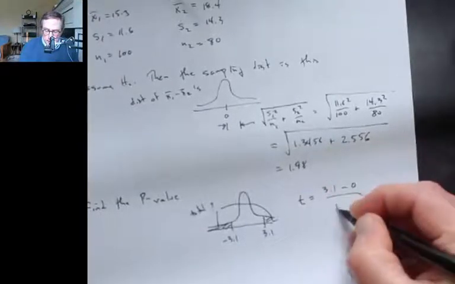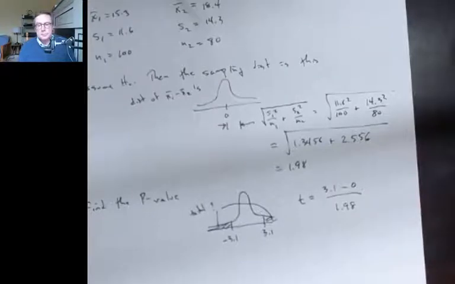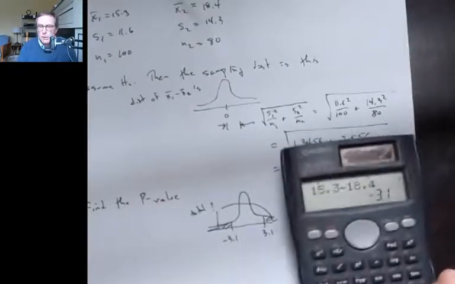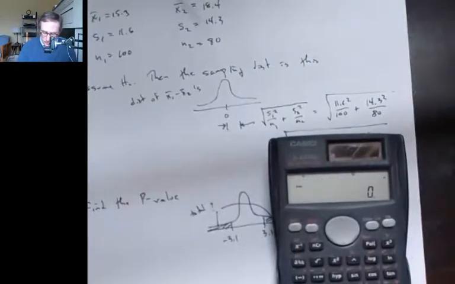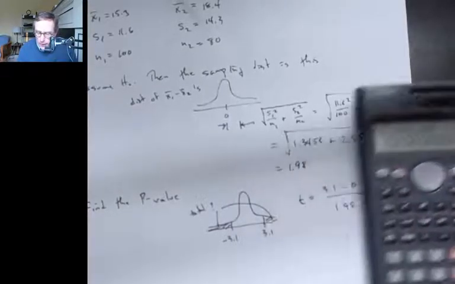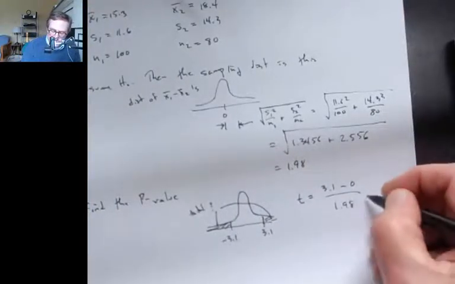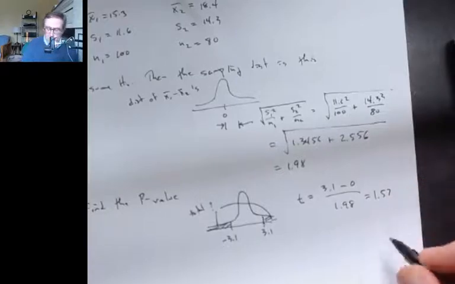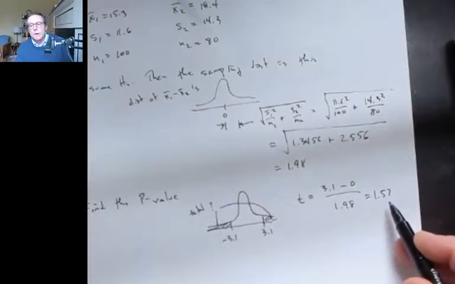Divided by 1.98, divide by the spreadedness. So 3.1 divided by 1.98, and I got 1.56 or 1.57. That's the number of T units, 1.57.